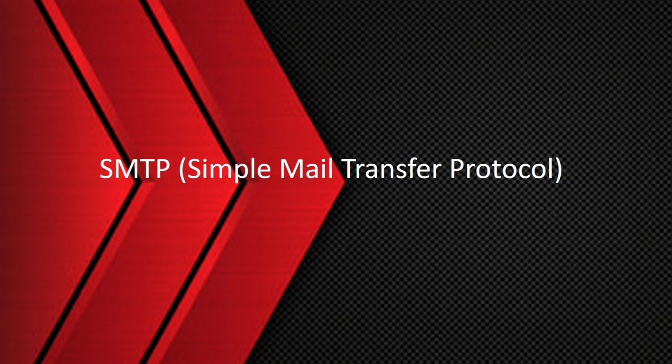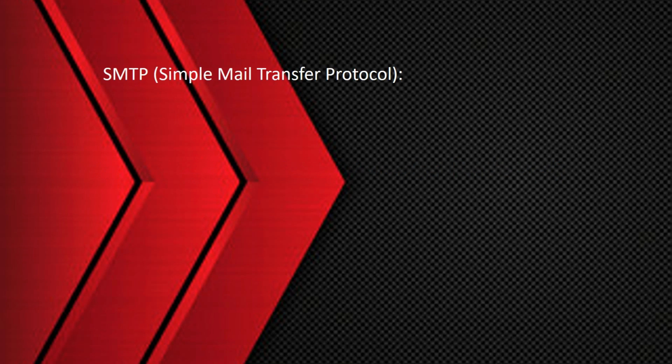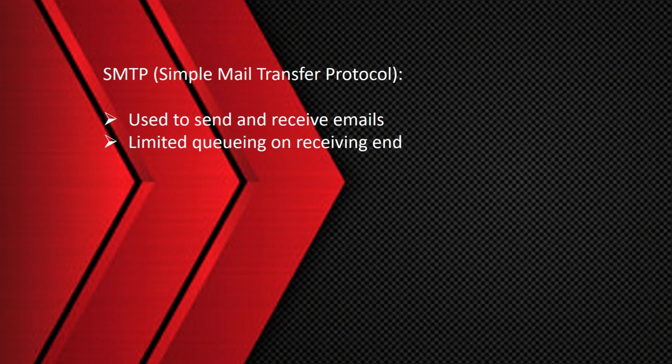Next protocol is SMTP. For those of you who know, this is for email. It stands for Simple Mail Transfer Protocol. It's used to send and receive mails or emails, and it's limited queuing on the receiving end. So you will see that a lot of companies use SMTP and they combine it with one of the two next email protocols that I will be talking about.